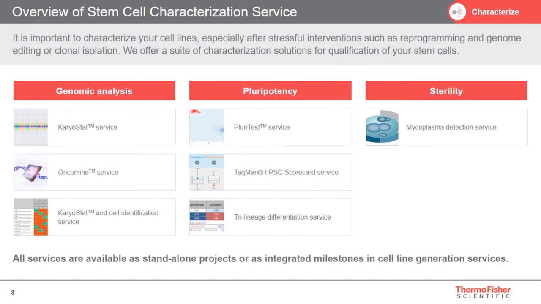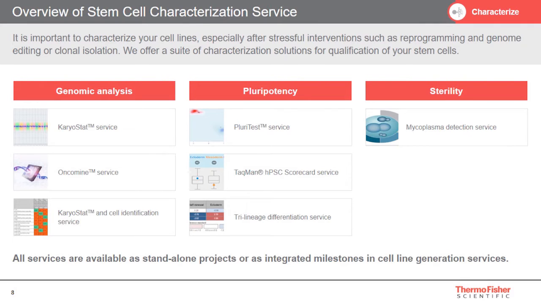And we offer a suite of characterization solutions for the qualifications of stem cells. On the left side of the slide, you can see that in order to assess genomic stability, we offer several services, the first of which is a karyostat service. And this is an improved alternative to traditional G-banding methods in order to examine chromosomal abnormalities.